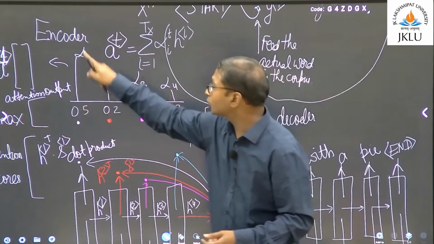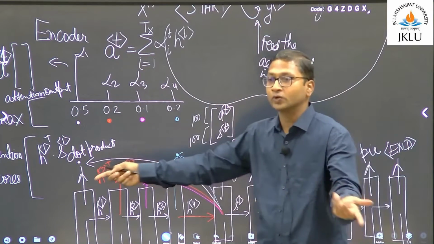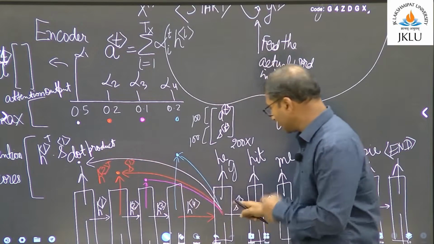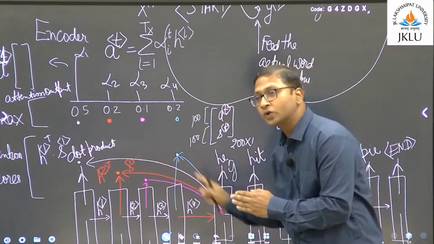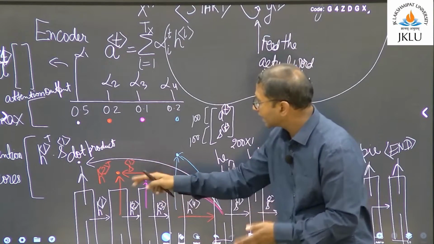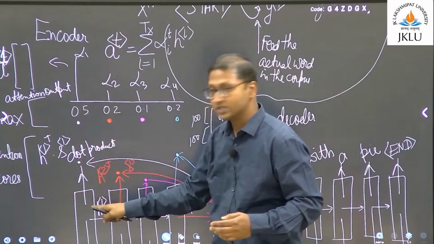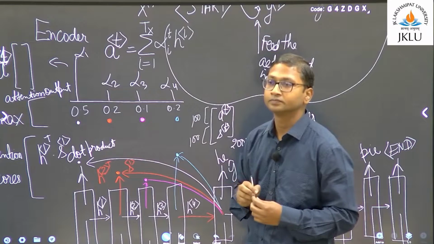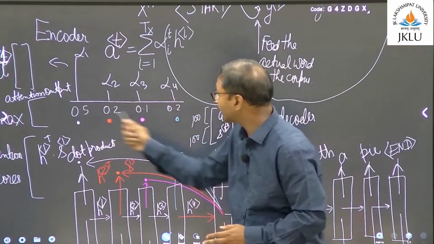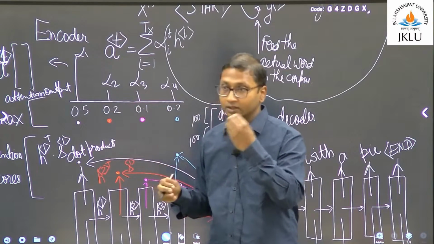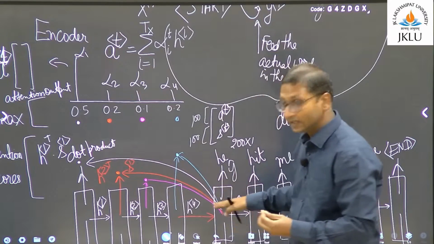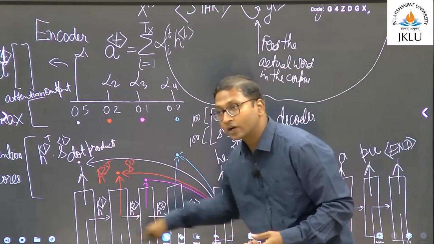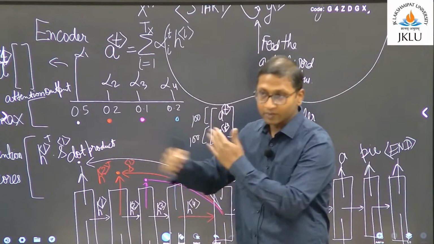Just doing one will not make sense, because which one to take then? It is like you are querying here. So this guy is questioning whom should I depend on? And the answer comes, you should depend 0.5 on this guy, 0.2 on this, 0.1 on this, 0.2 on this. So it is not saying you should not depend at all on any of it. And in a way it makes sense, because in the end you are trying to translate this whole sentence. So these words are not independent of each other. They have something to do with each other.